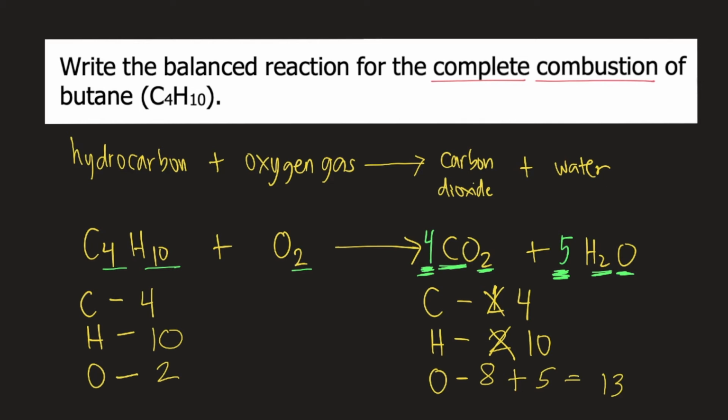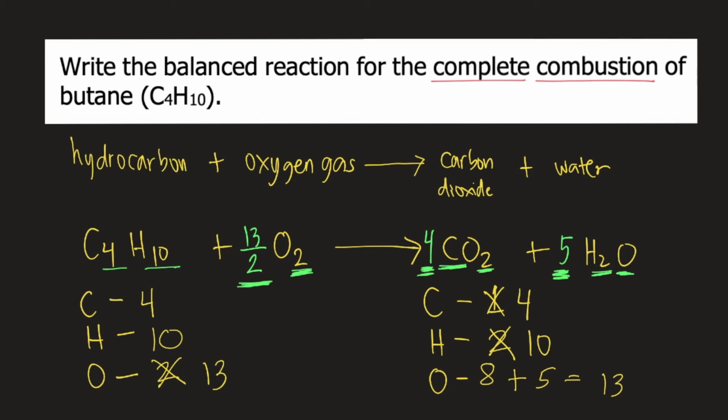We put the coefficient 13 halves, or 13 over 2, on O2. So that 13 over 2 times 2, that's equal to 13. So oxygen is already balanced.